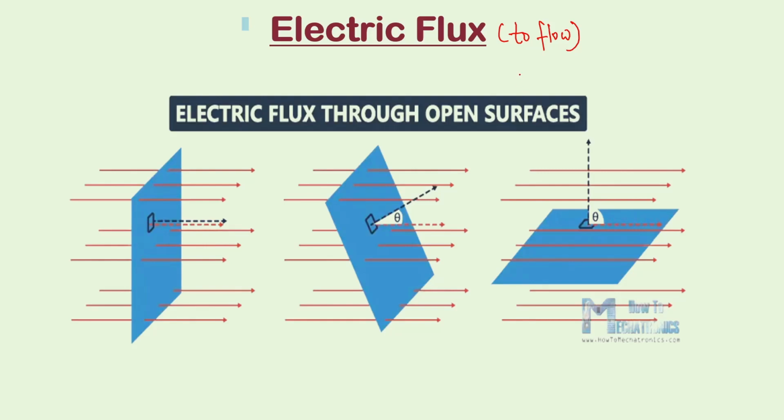To understand electric flux, let us consider a flow of liquid with velocity v through a flat surface having area A, in the direction normal to the surface, which means that here the direction of area is normal to the surface, in this direction.